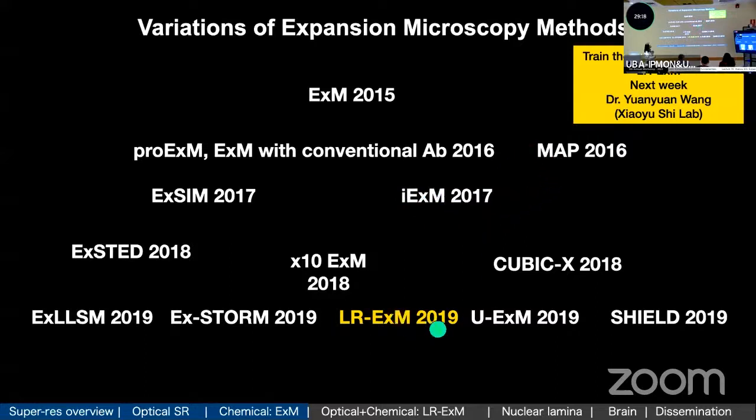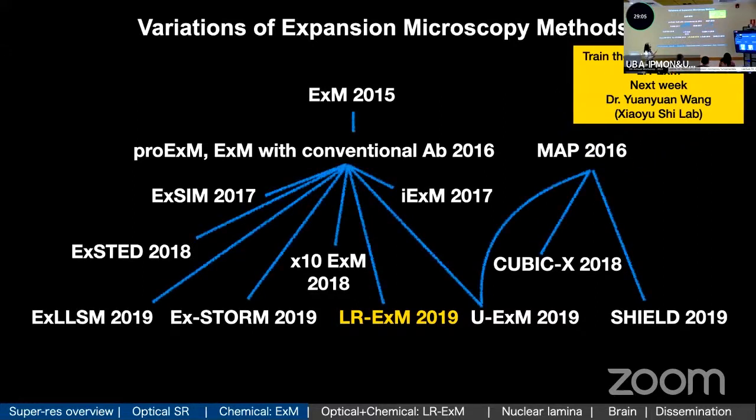And in 2019, we developed our own version, label retention expansion microscopy, and the workshop will be next week, led by my postdoc. And the relationship among all of these is based on the previous two workflows.